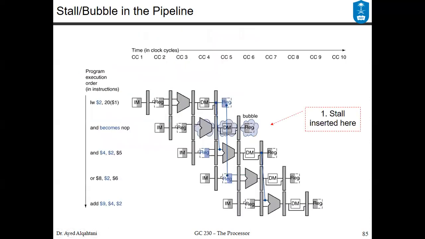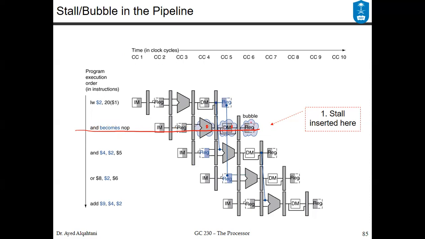And this happens this way. What happens is we make the controls of those three stages of the next instruction no operations. This way we are adding the bubble here, or we are inserting one stall. So the AND becomes a NOP, this one. This is the first thing.